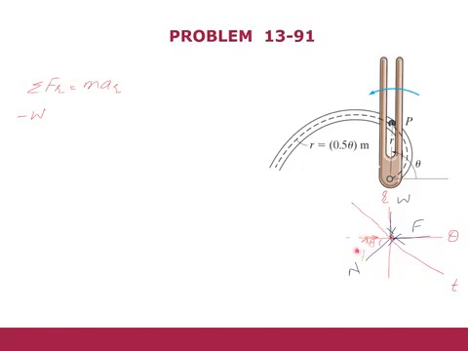This component is in the upward direction, that is why it is plus N sine theta, equals mass, which is 0.5, and we have calculated a_r, which is minus 1.5.